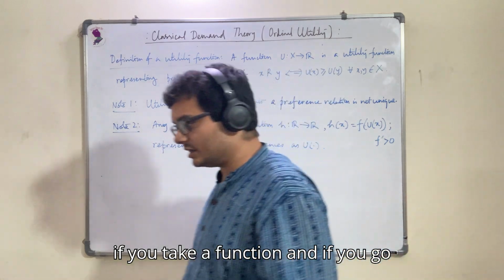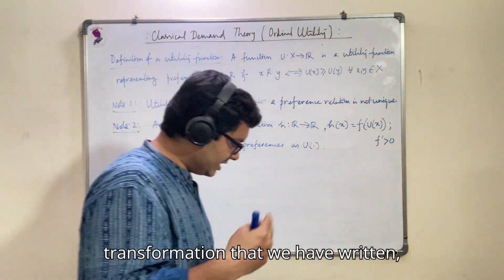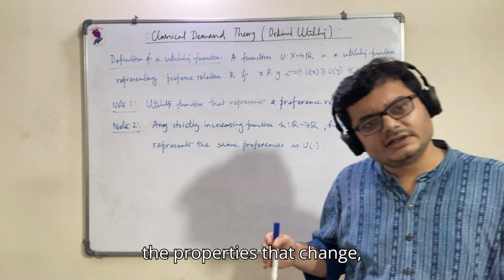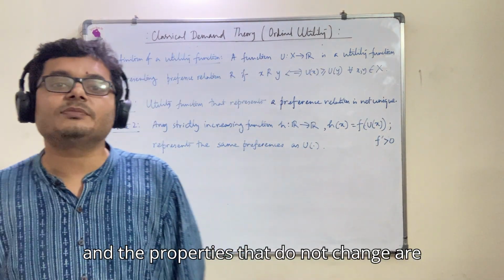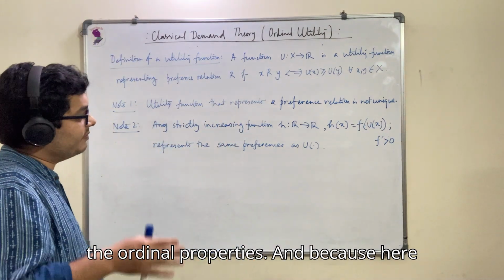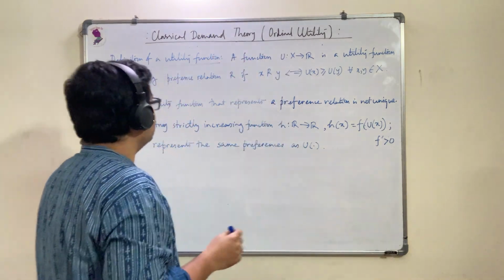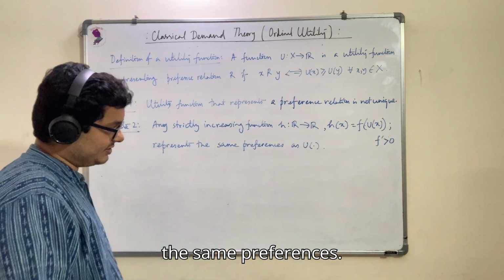If you take a function and go through the strictly increasing transformation that we have written, the properties that change are called the cardinal properties, and the properties that do not change are the ordinal properties. And because here we are interested in ordinal utility, we are saying that it represents the same preferences.